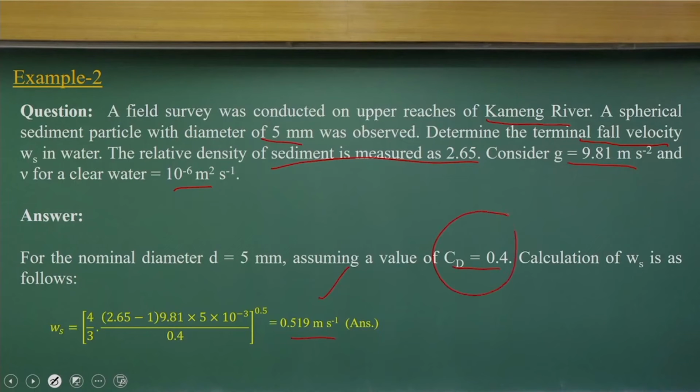Here we have assumed the CD value and just computed the formulas to show you that you can go to the field, collect the sediment, find out the sediment concentration and particle size, and then find out the terminal fall velocity.